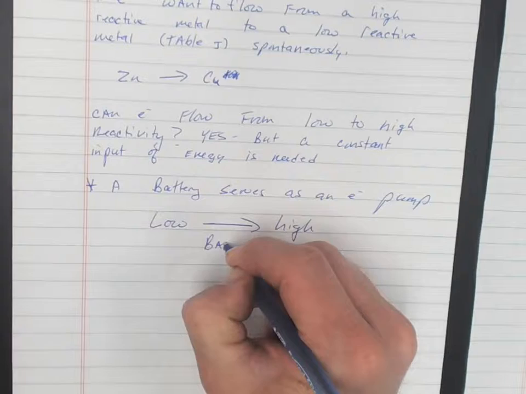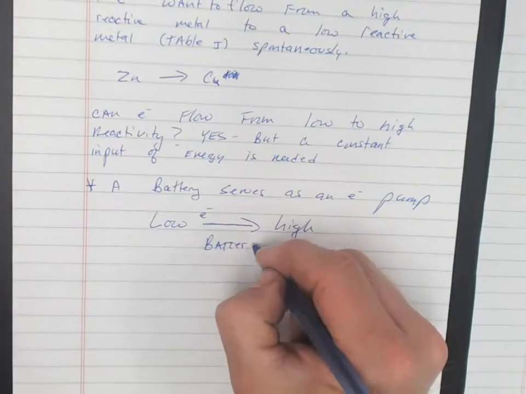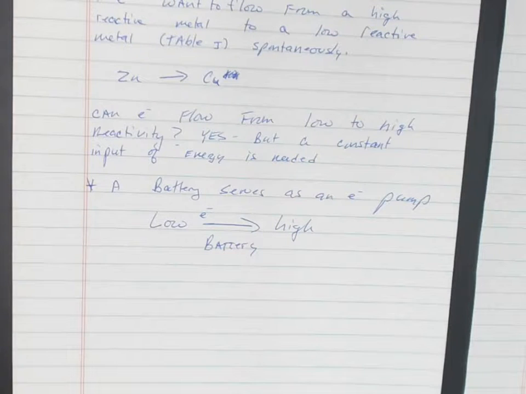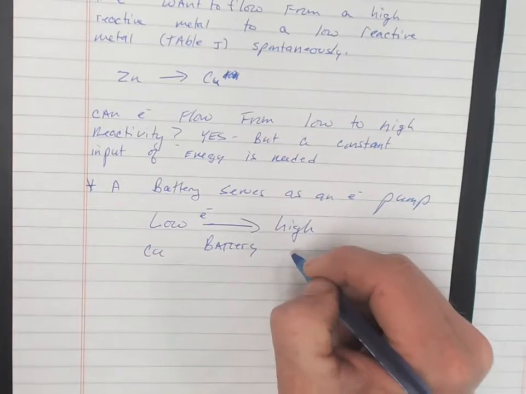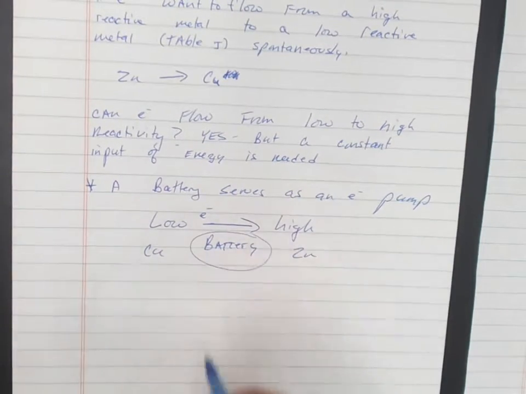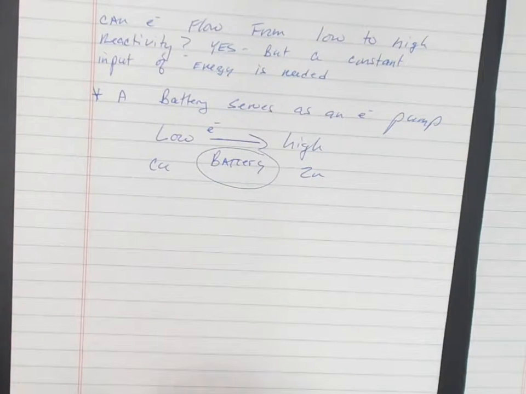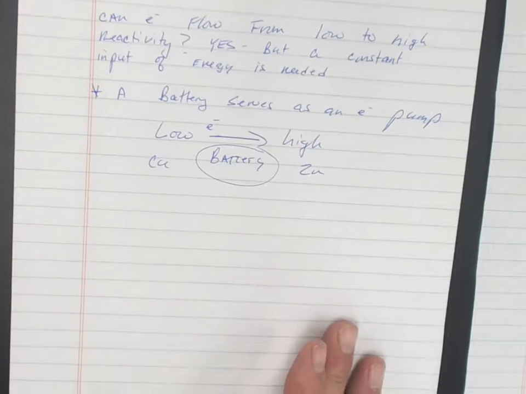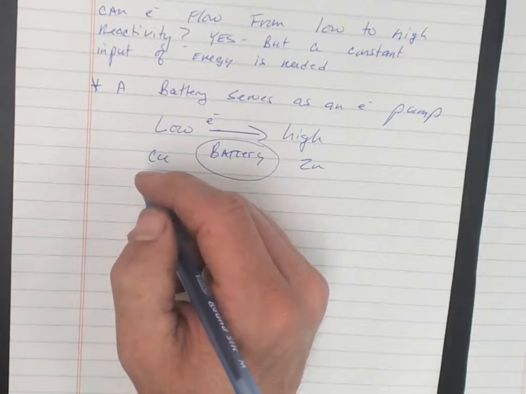So when you have a battery, it will force electrons to go in this pathway from low to high reactivities in terms of metals. So you can actually make electrons leave copper and go back to zinc if you supply a battery to do so. This is what happens in an electrolytic cell.